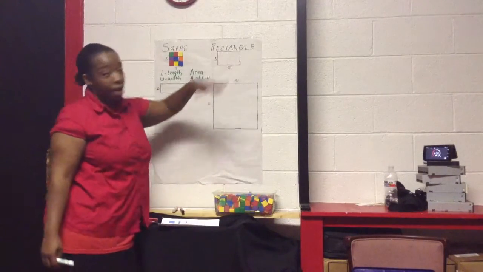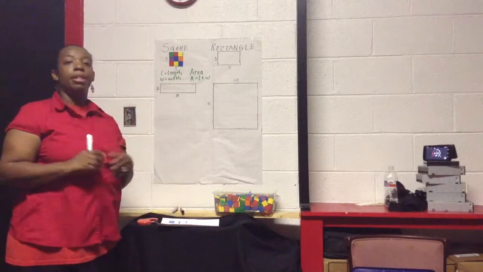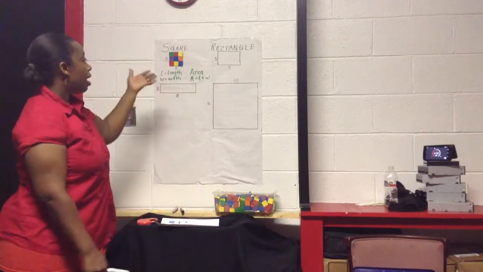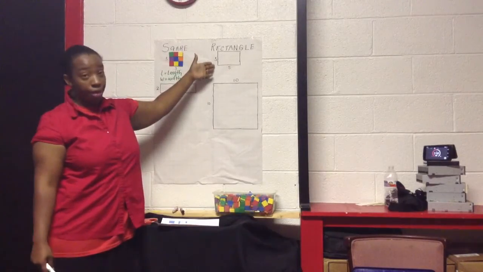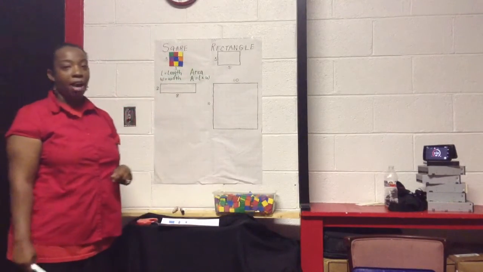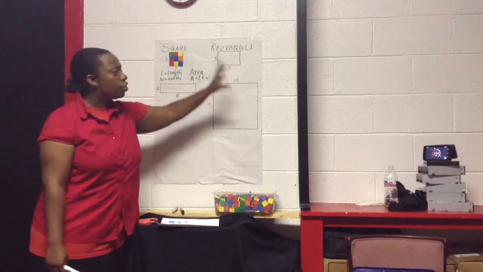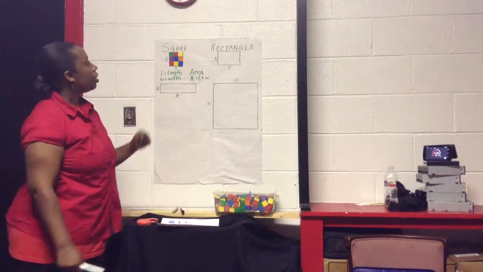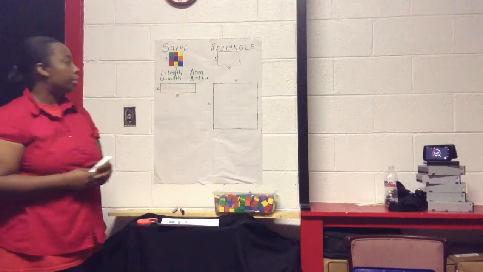Now here I have a rectangle. With a rectangle, it's the same thing: you just multiply the length times the width. Now we have the length is 3 and the width is 5. So instead of trying to fill that in with all those square units, we're going to just use our formula.